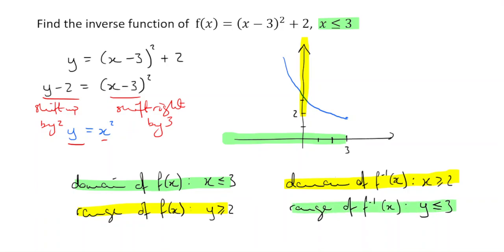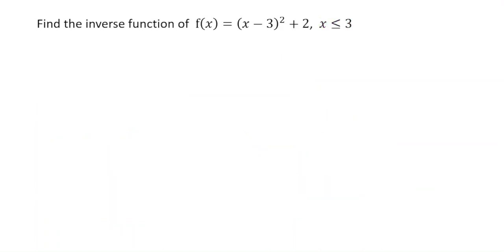So what I'm trying to tell you is the domain of the original function becomes the range of the inverse, and the range of the original function becomes the domain of the inverse. So if I was to sketch this on another graph, then what I'm expecting is, draw a graph like this.